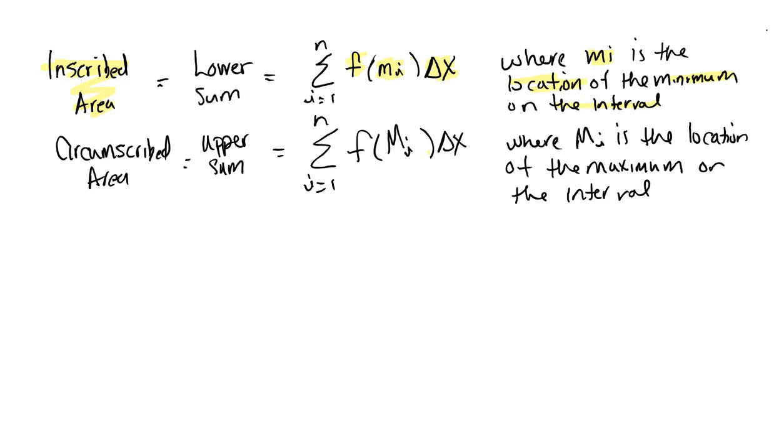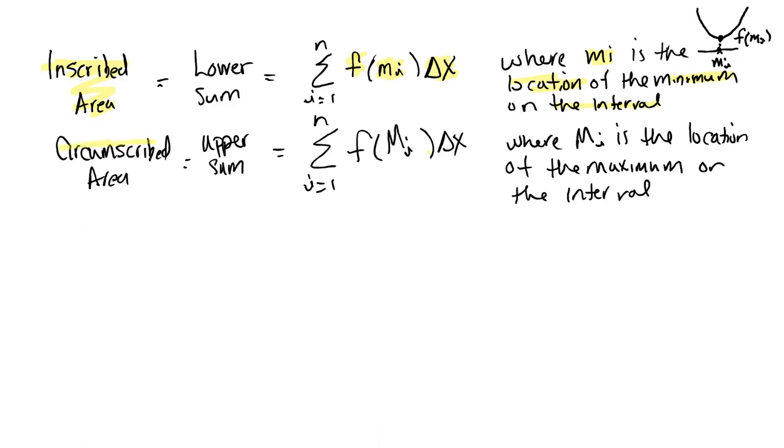So for example, if I had a picture like this, the minimum is here, which is f of m sub i. But if we go down to our x-axis, the x value would be m sub i. So it's the location of the minimum on that interval, the x value that goes with the minimum on that interval.